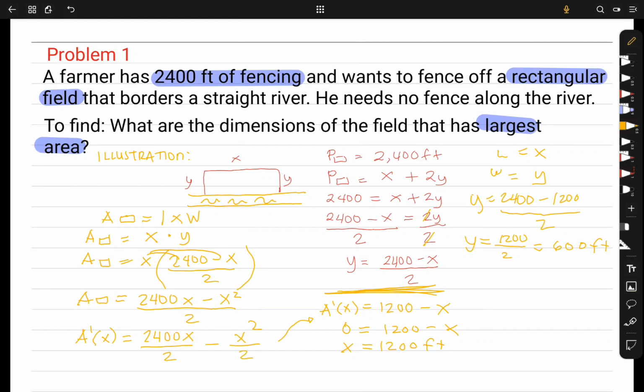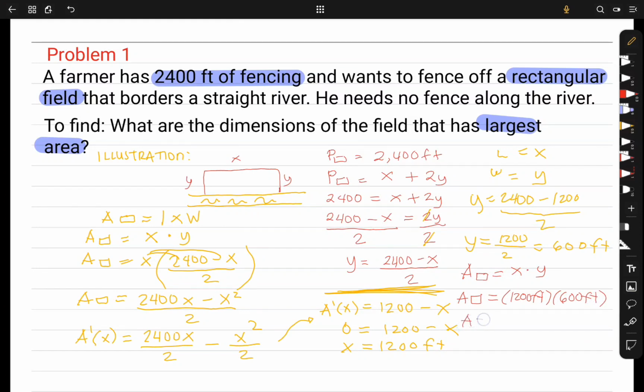Yan na ba yung pinapanap sa atin? Hindi pa. Kasi nga, ang pinapanap sa atin is yung ating largest area. So, area. Kunin natin ngayon yung area. So, alam natin that the area ng ating rectangular field is equal sa x multiplied by y. So, area natin is equal sa 1,200 feet multiplied by 600 feet.